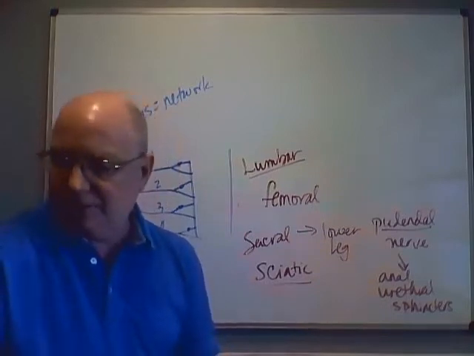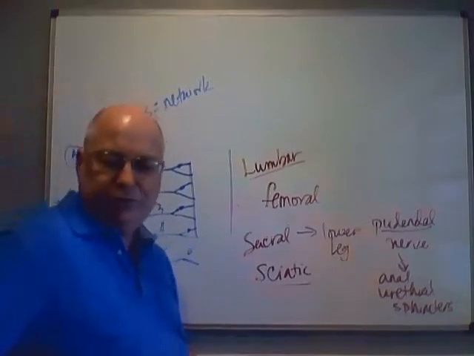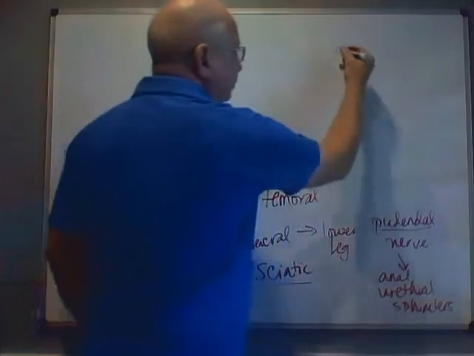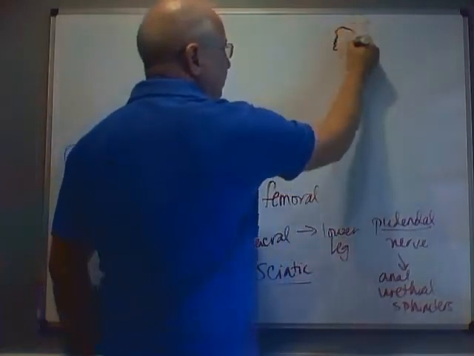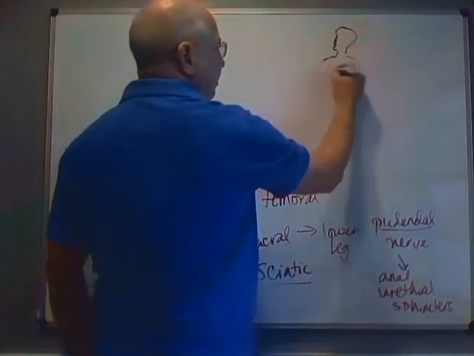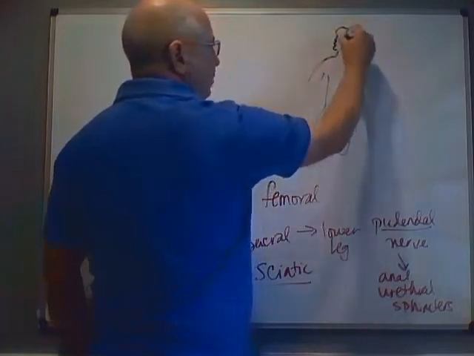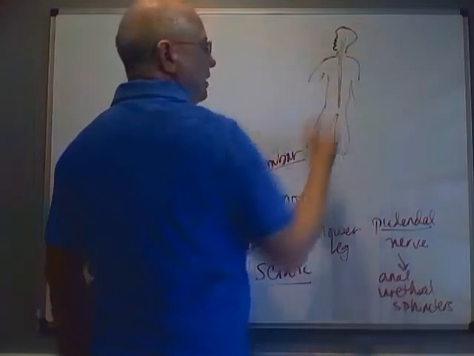Okay. One other thing before I get to the reflexes is I want to talk about two things. So if we're talking about from a person's head, all the way down from their upper limbs to the lower limbs. As you know, the spinal cord is going to be coming down like this, okay?